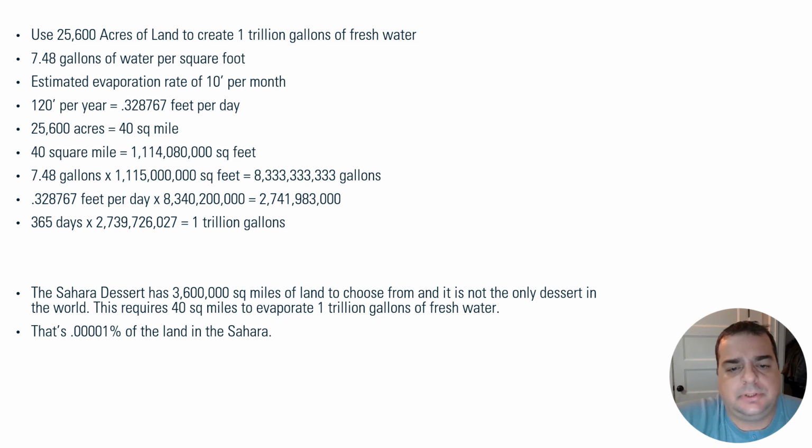And something good to note about this is the Sahara Desert has 3,600,000 square miles of desert land to choose from, and it's not the only desert in the world. This idea to create 1 trillion gallons only requires 40 square miles. So that's really a small amount of desert land that it would take. Very small, 0.0001%.